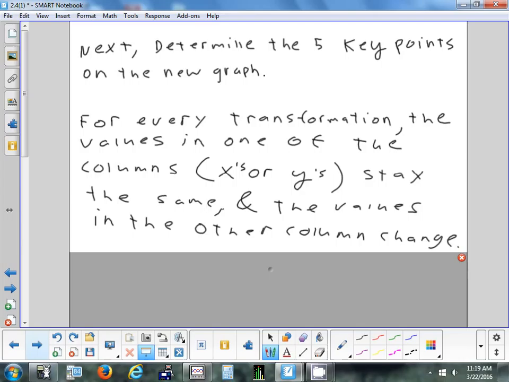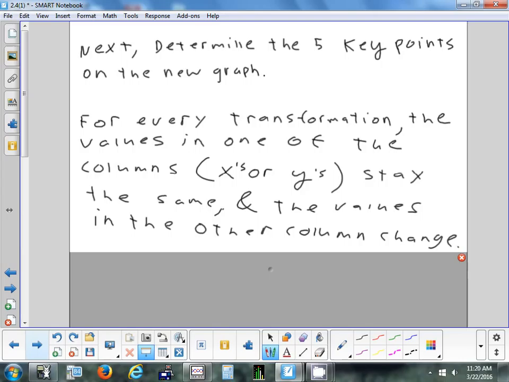X values are not affected when you shift something up. So for the example I just gave you, shift up, the x values are not going to change. You can go back to your original table and copy them down. The only thing that's going to change if you shift something up or down are the y values. So we'll have to figure out how do we find those.